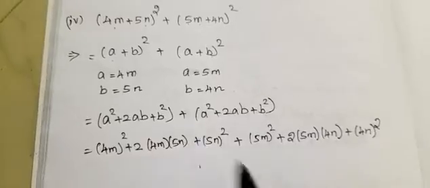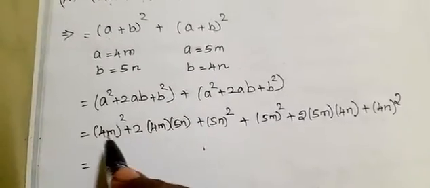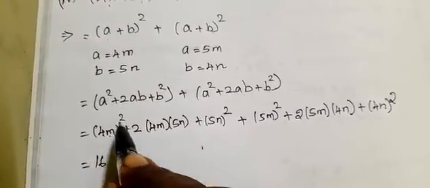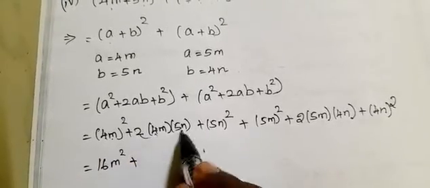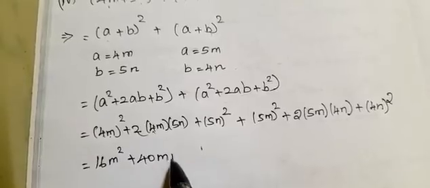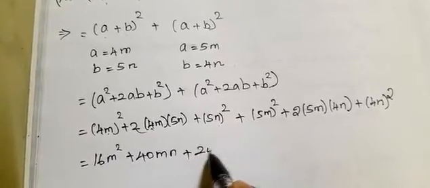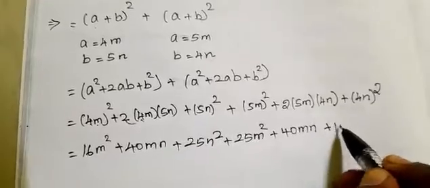After I substituted the a and b values in the expansion, let us simplify. 4 4's are 16, m into m is m², plus 2 4's are 8, 8 5's are 40mn, plus 5 5's are 25n².